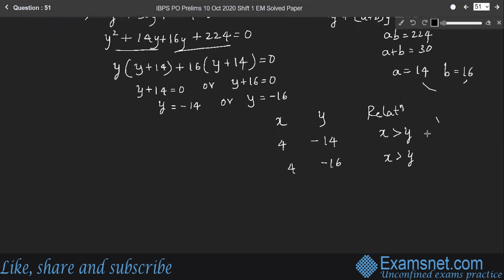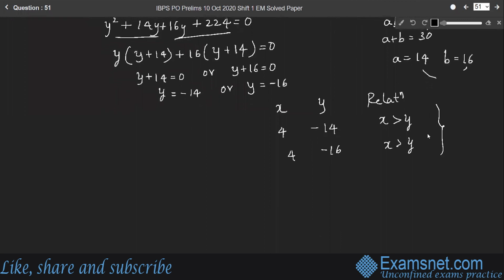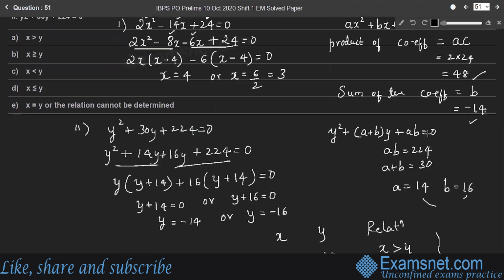So no need to write all these. Since the values of y are negative integers and the x values are positive integers, we can strictly conclude that x is greater than y in this particular case, right? Therefore, you can write x is greater than y, option A.